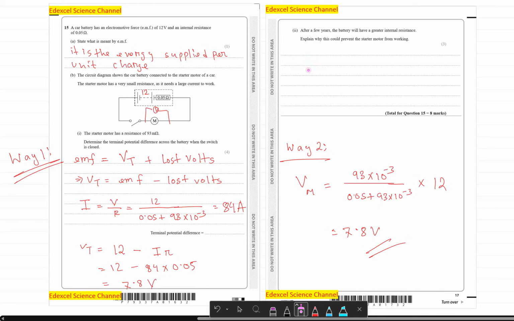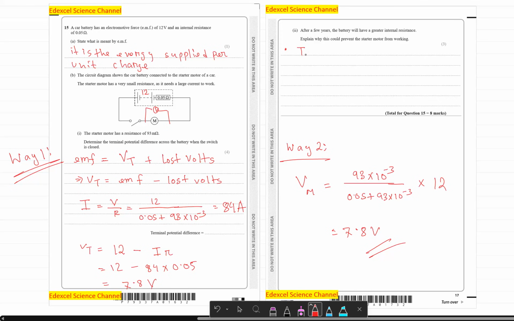Okay, let me draw a flow chart. If the internal resistance increases, then the total resistance will also increase. Wait, if small r increases, then capital R will increase. So my terminal potential difference will also decrease. So the current will decrease, right? So the starter motor will not work anymore.